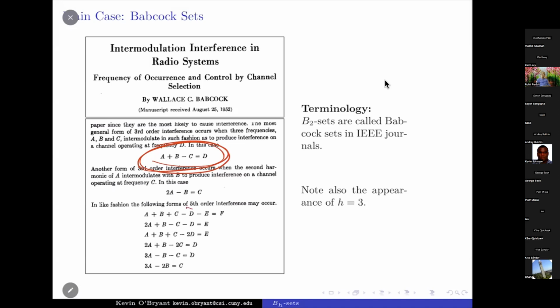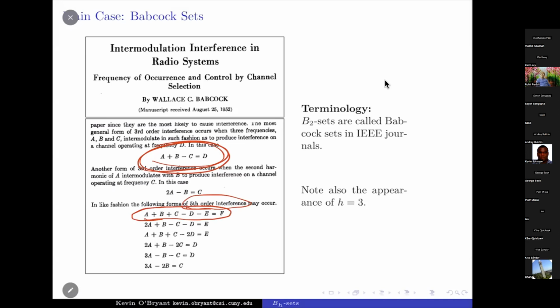And to avoid fifth order interference, he's talking about equations like this, which is A plus B plus C equals D plus E plus F. That's a B3 set. So avoiding third order interference requires him to take a B2 sequence. Avoiding fifth order interference requires him to take a B3 set.